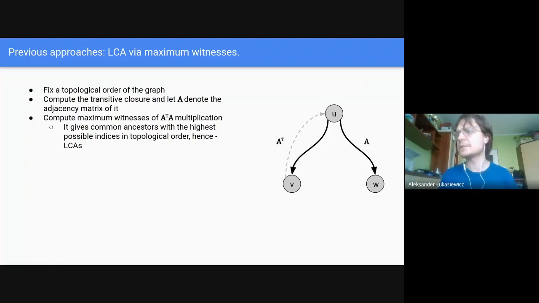And it is pretty easy to see that after that, for every pair of vertices, this witness gives you a common ancestor with the highest possible index in topological order. So naturally, it needs to be an LCA, because it has the highest number in the topological ordering. And basically that was the algorithm.